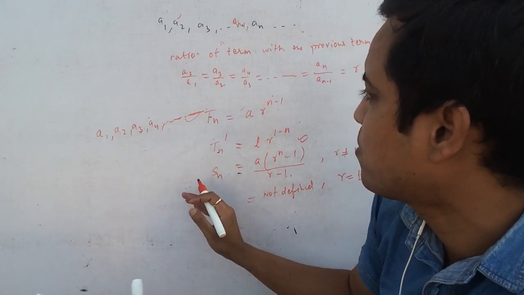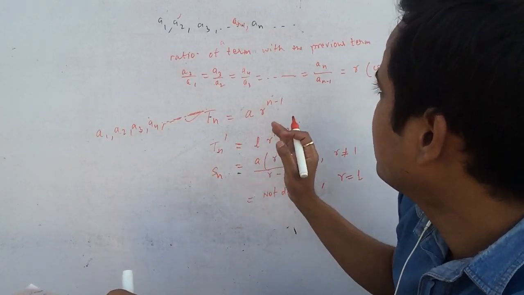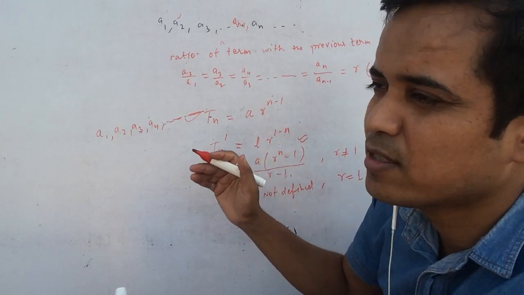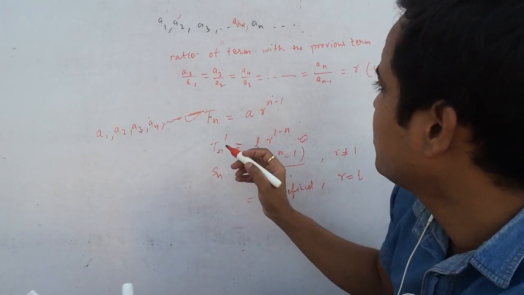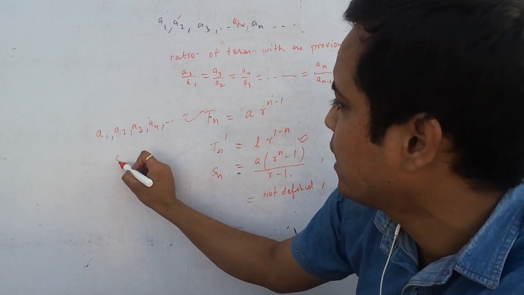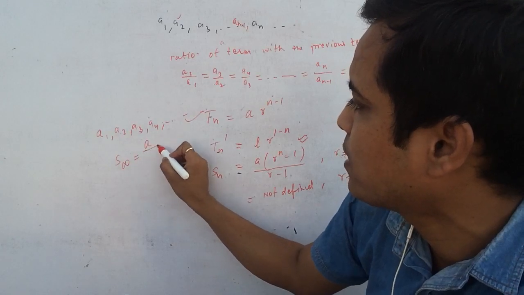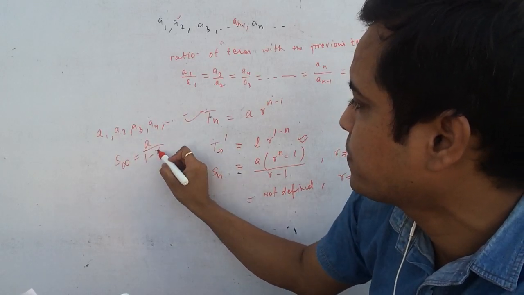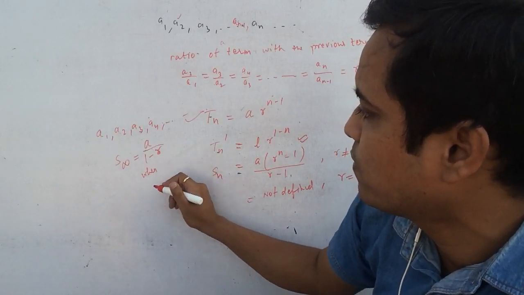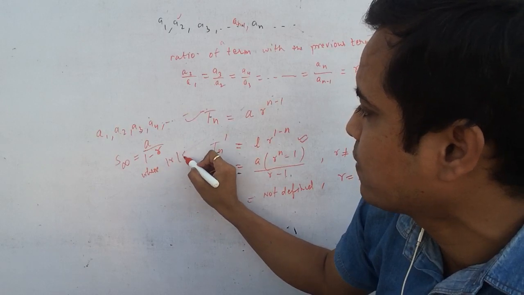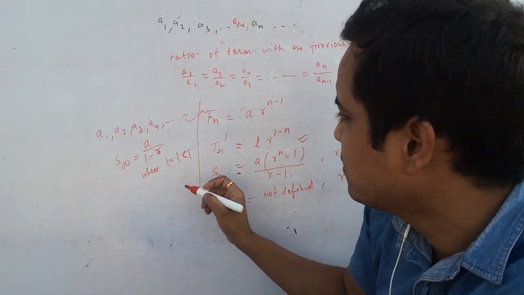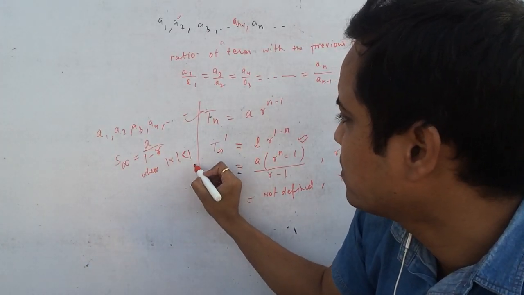So what will be the sum of an infinite geometric progression? If the sequence is in geometric progression and the number of terms is infinite, then S infinity equals A upon 1 minus R, where mod R is less than 1. You should learn it. Mod R should be less than 1.